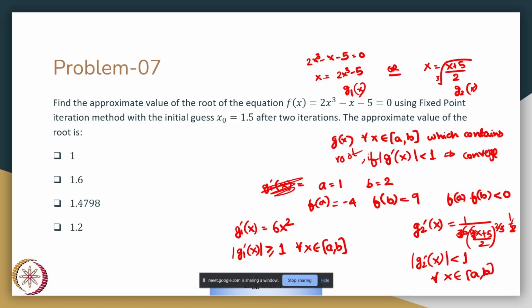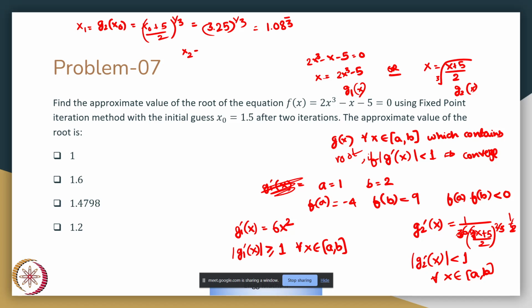So we now have x1 is equal to g2 of x0, which is the cube root of (x0 plus 5) by 2, which is 6.5 by 2, which is the cube root of 3.25. If we check, it turns out to be 1.0833.